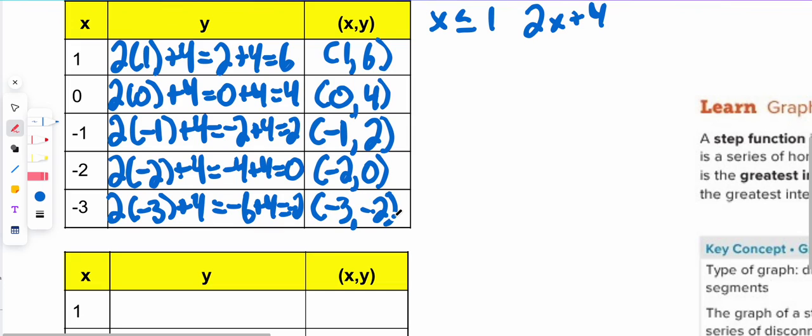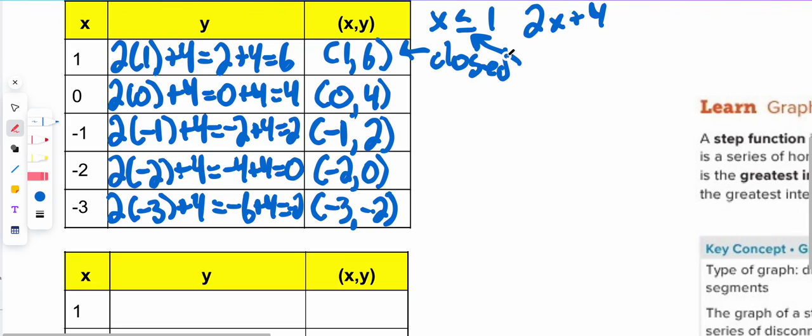Okay. Now, if we look up in our inequality, this says equal to, so it has less than or equal to, which means the point that has the 1 is going to be a closed circle when we start drawing that part of the line.